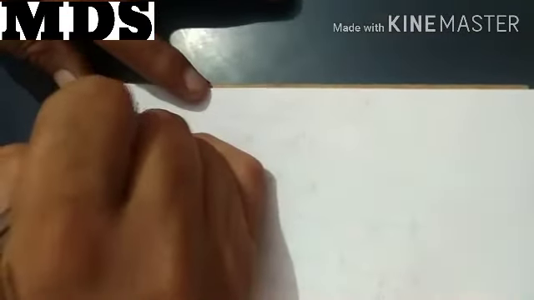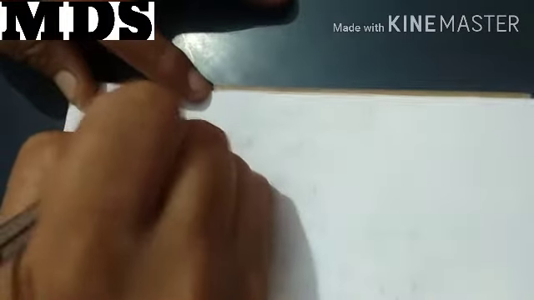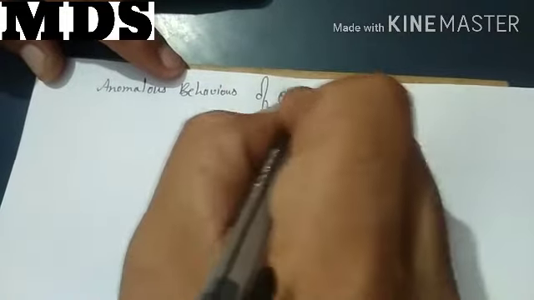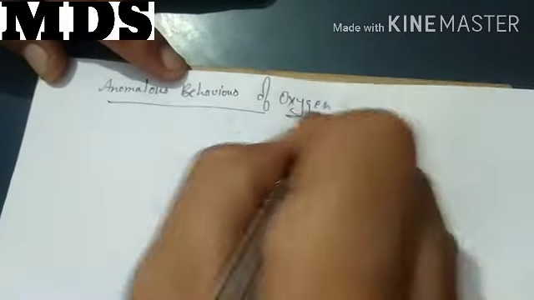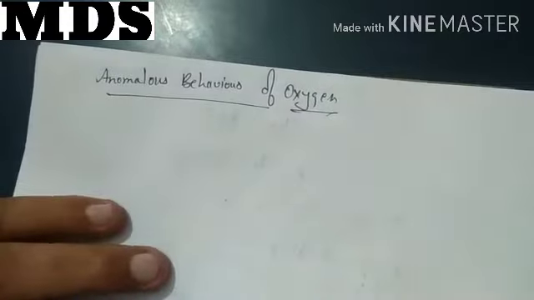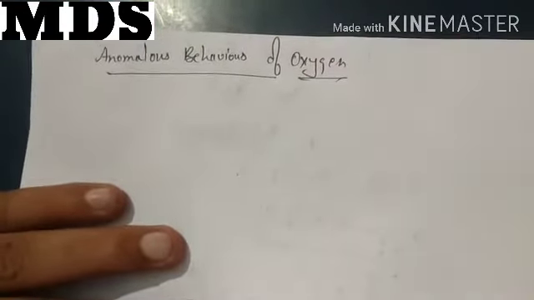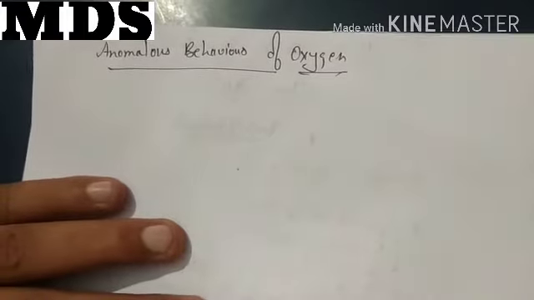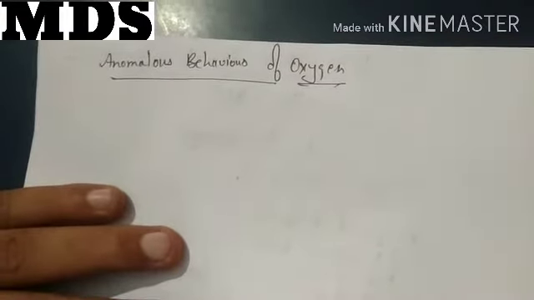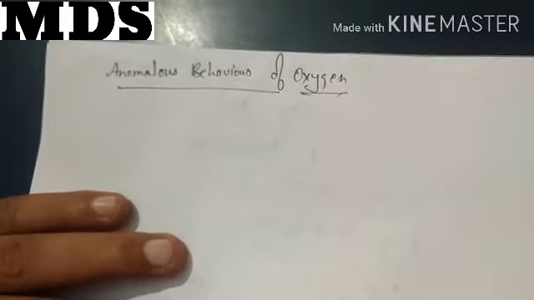Now, the next thing you need to discuss is anomalous behavior of oxygen. That why oxygen is behaving strange. You see that due to oxygen's atomic size, a lot of properties are not according to what they should be. They are becoming exceptional particularly.